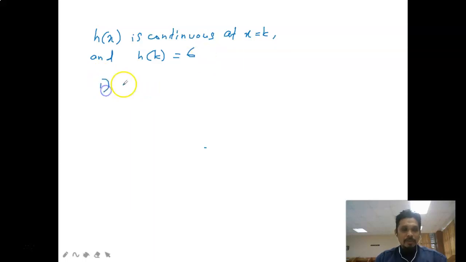So first one here, no. Okay, h(k) equal to 6. Then the second part here is the limit as x approaching to k.